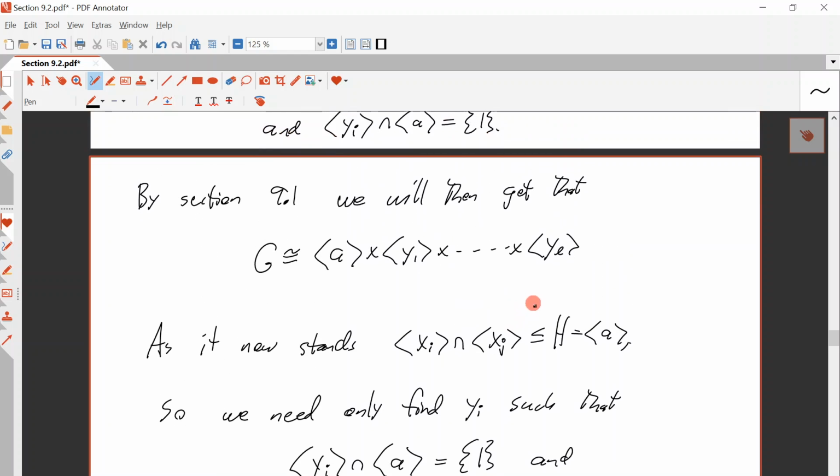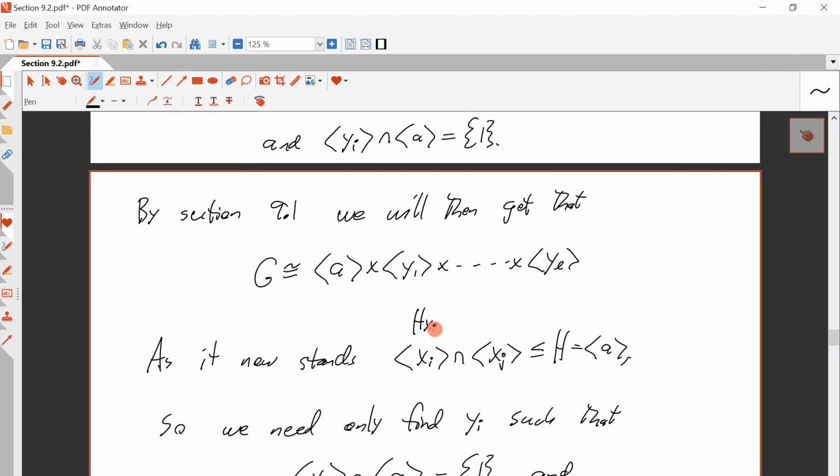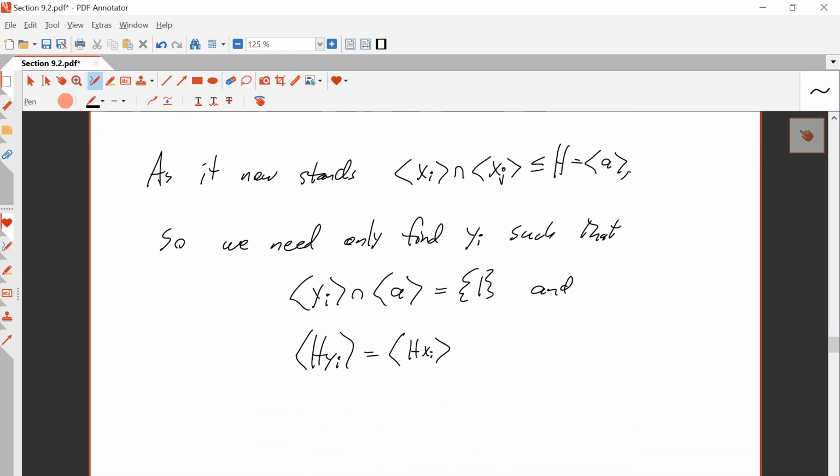Okay? So as it now stands, the x's, they only intersect in H. Because hxi intersect hxj, as cosets, was just H itself. So the only possible intersection between the two is in H for xi and xj. All right.